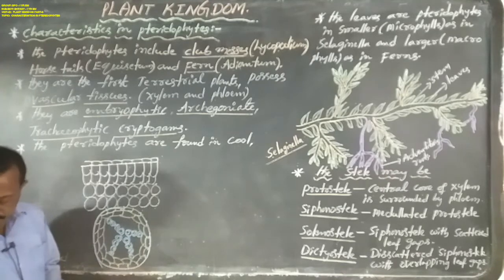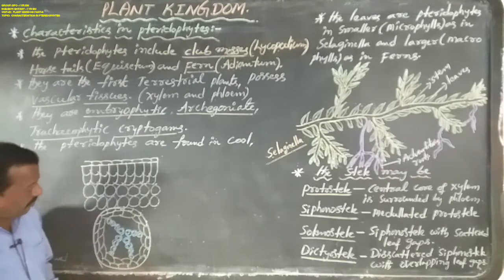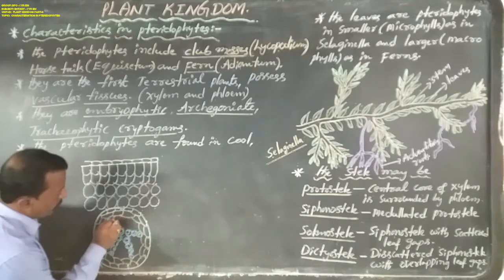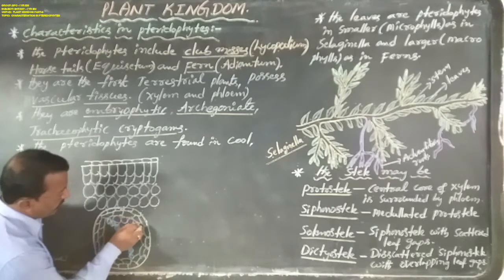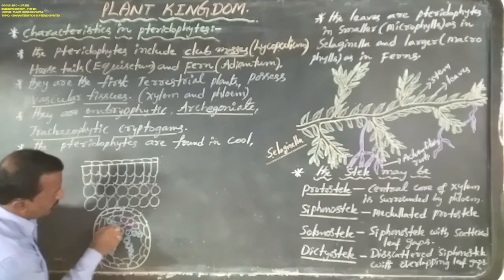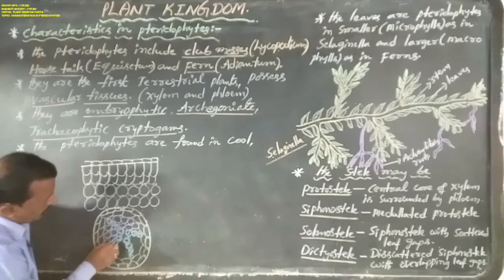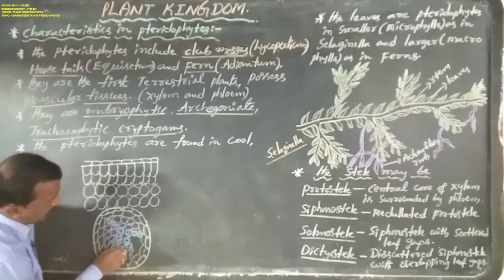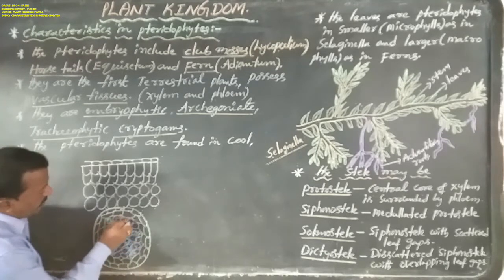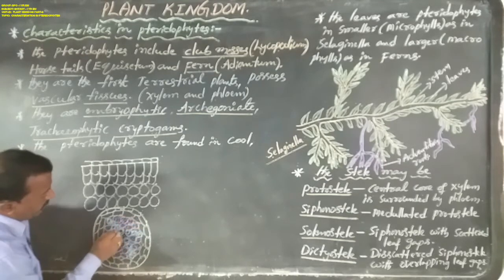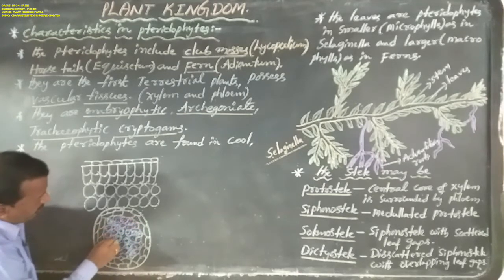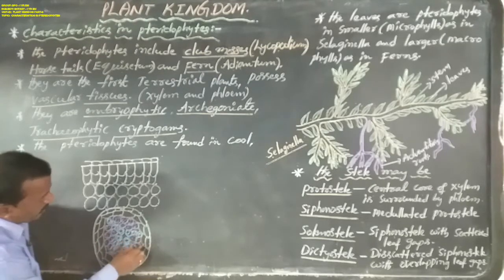This is xylem, and this is phloem. This is the stele in total, the part especially seen in the pteridophyte stem.